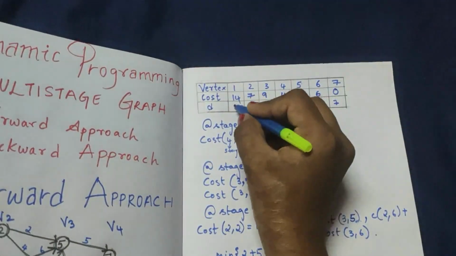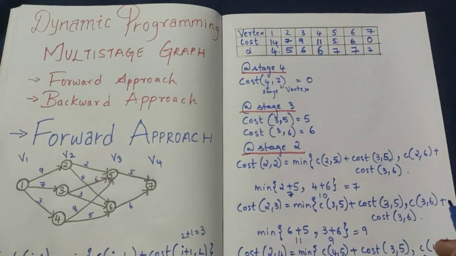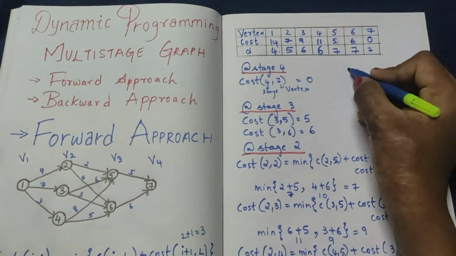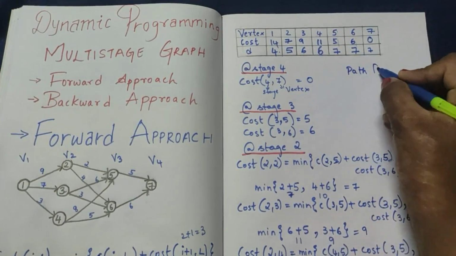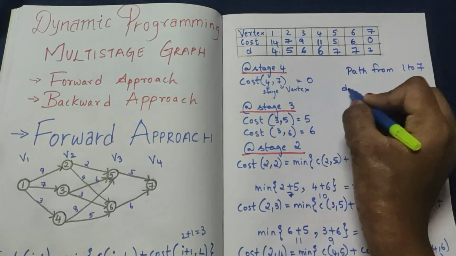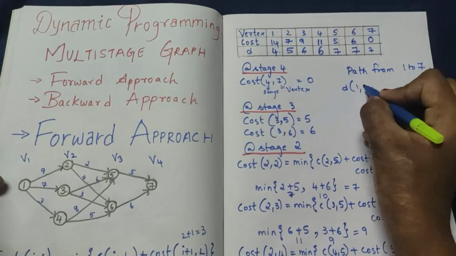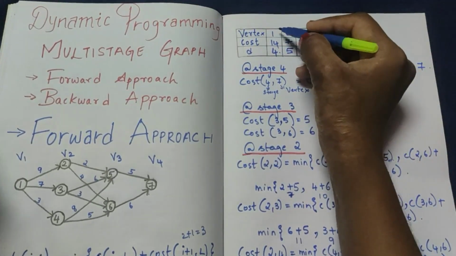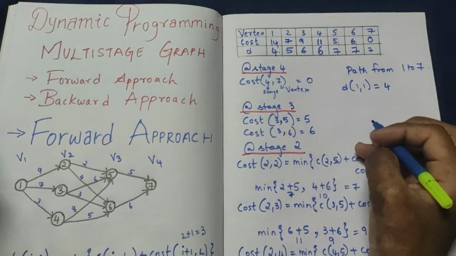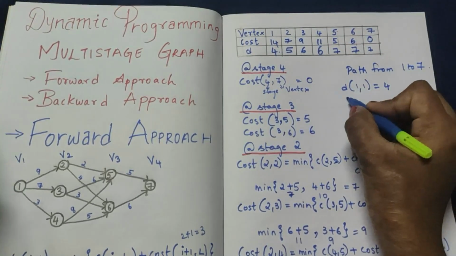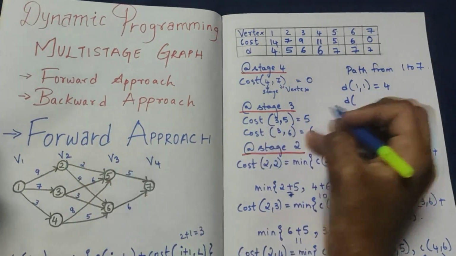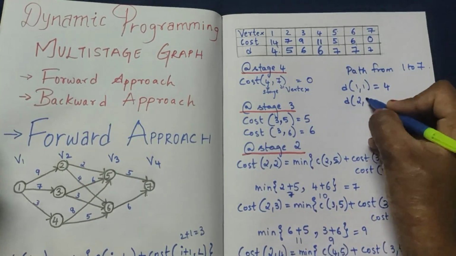So here 4. Now we will find the path from first node to seventh node. So from first stage to the first node. So here if you see, from first vertex it is 4. You need to go to fourth vertex. So D of, now fourth vertex is in stage 2. So in second stage, fourth vertex.